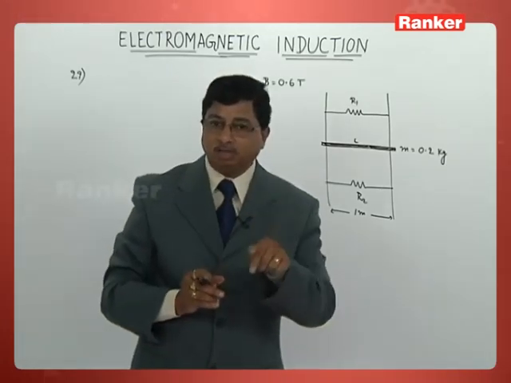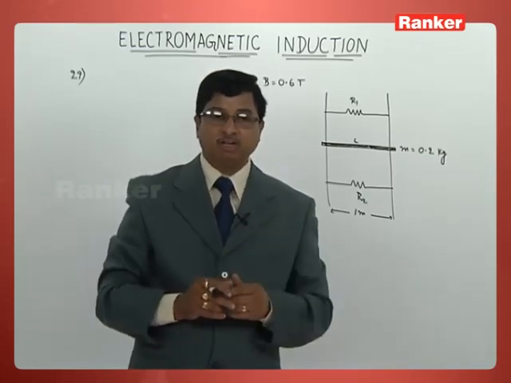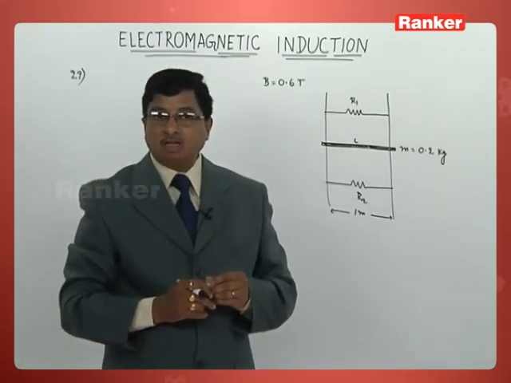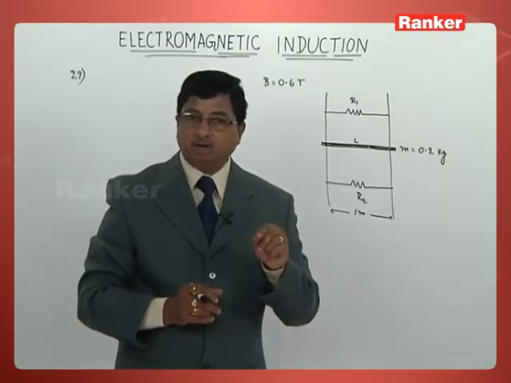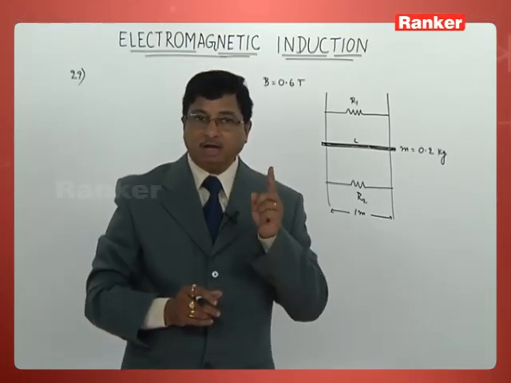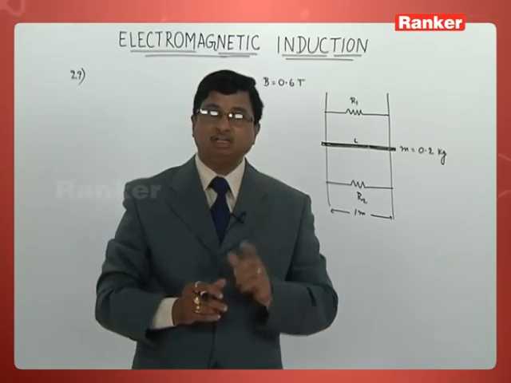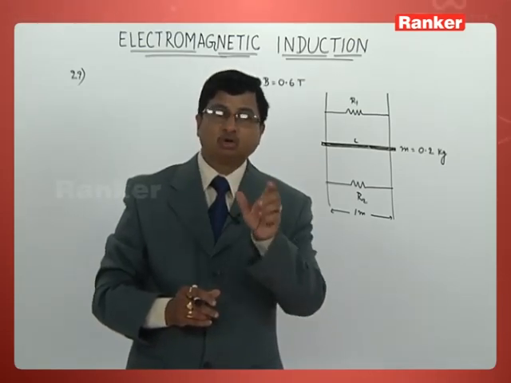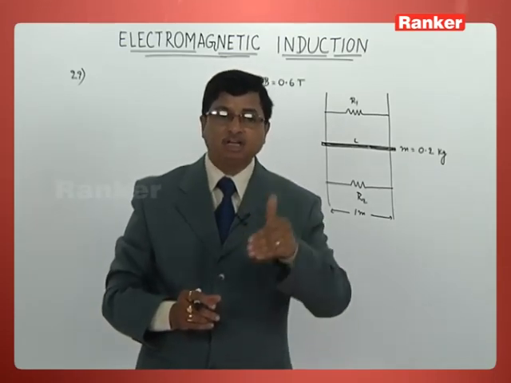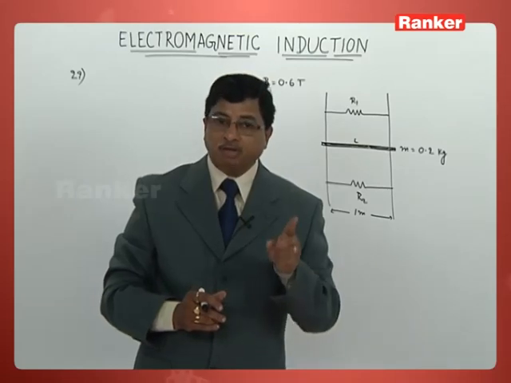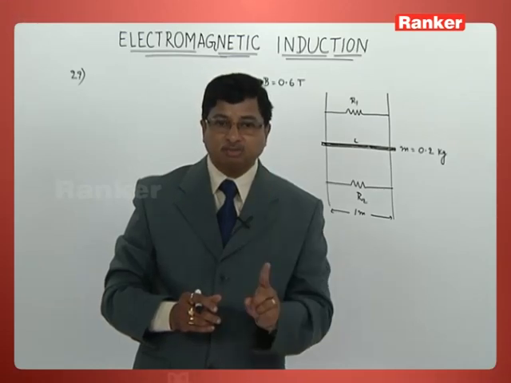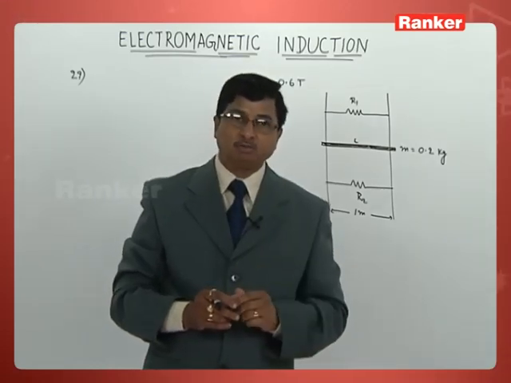I once again repeat that part of the problem, try to understand it carefully. There is a uniform horizontal magnetic field of 0.6 Tesla perpendicular to the plane of the rails. When the bar attains terminal velocity, in fact, that is the clue for solving this problem. When the bar attains terminal velocity, the powers dissipated in R1 and R2 are 0.76 watt and 1.2 watt respectively.